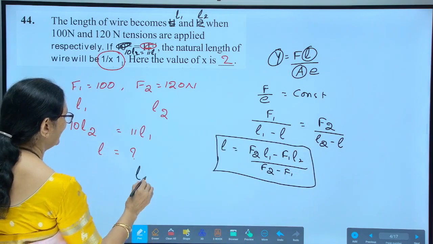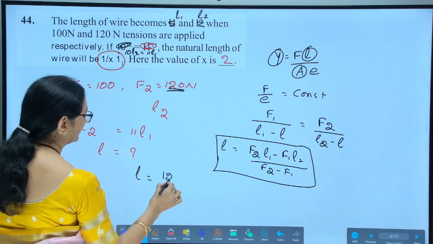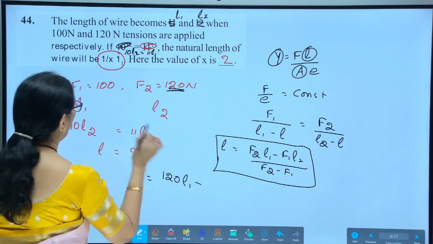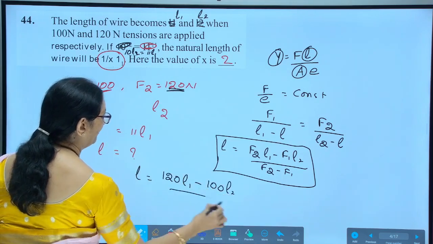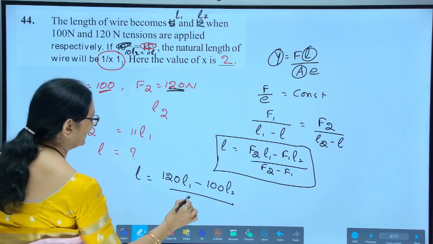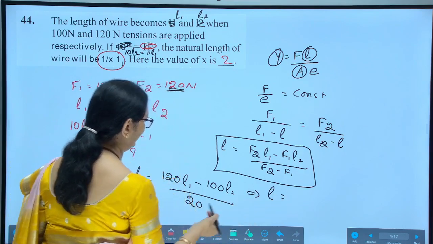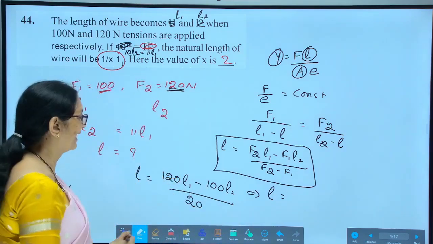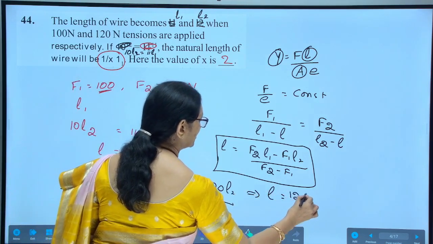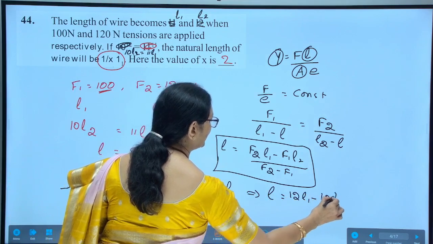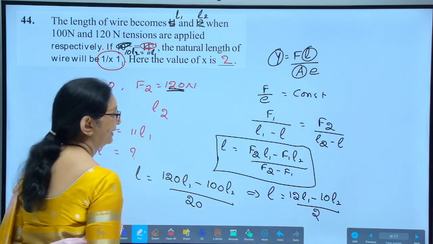So, what is the natural length? L is equal to (F2 L1 minus F1 L2) by (F2 minus F1), which is 20. This implies L is equal to, if you take 10 as common factor and cancel, (12 L1 minus 10 L2) divided by 2. Right?